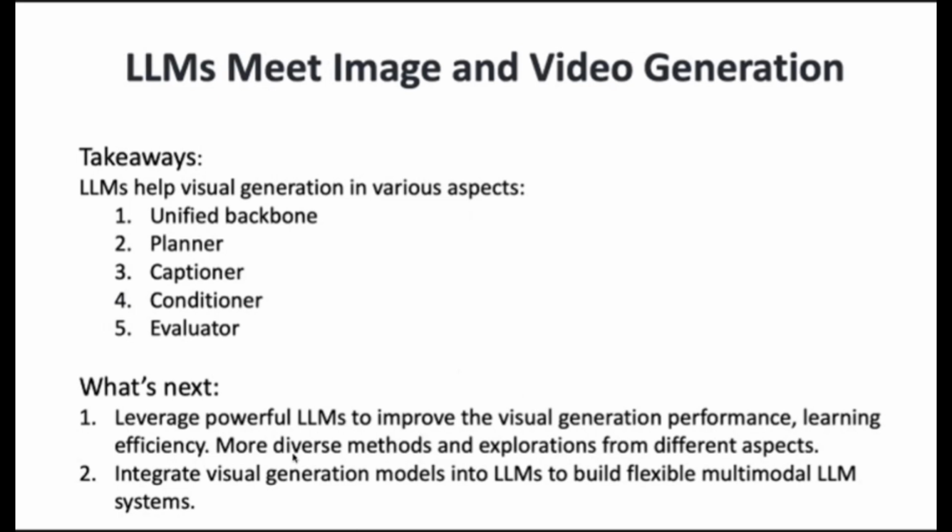And we can also think about more diverse methods and explorations from different aspects. And also we can integrate the visual generation models into large language models to build flexible and multimodal large language model systems.